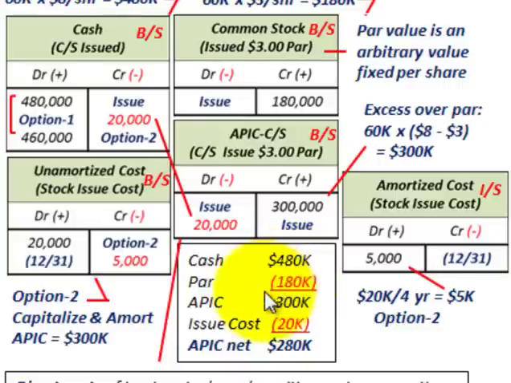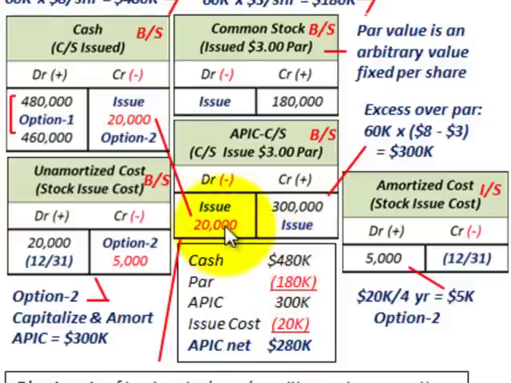The difference gives us our additional paid-in capital: $480,000 less $180,000 gives us $300,000. But now we have to subtract out our issue costs of $20,000, so the net additional paid-in capital would be $280,000.